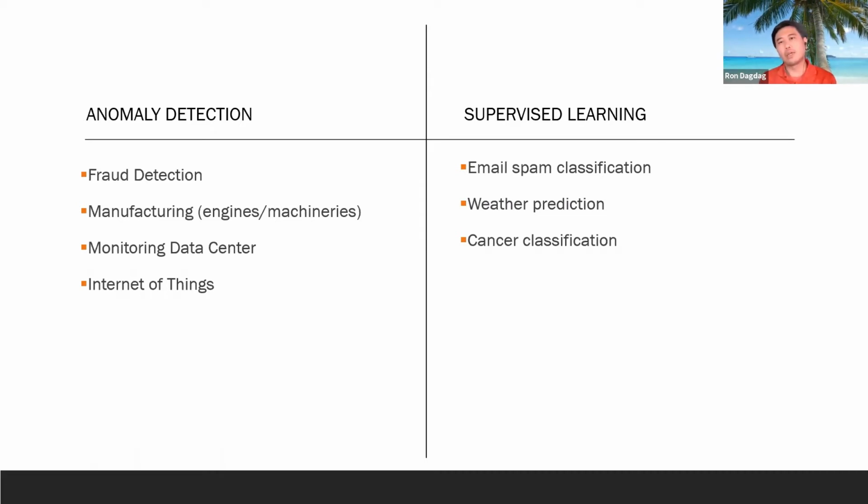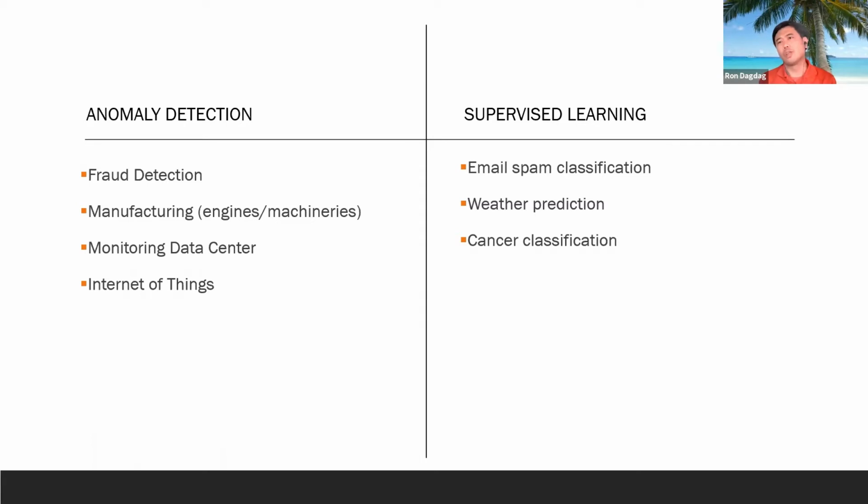Monitoring data centers, they use this a lot, especially on Azure or GCP or AWS. And Internet of Things, it's something that in the AEC space, I believe it's been getting useful to collect that data.